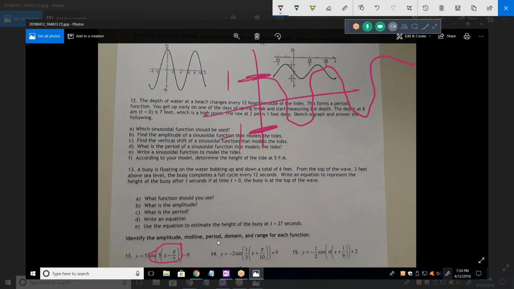So if I want the range, let's figure out when this is -1, it's -5, -6. So that's the bottom end, -11, of the range. And when this is +1, it's 5 times 1, which is 5 minus 6.